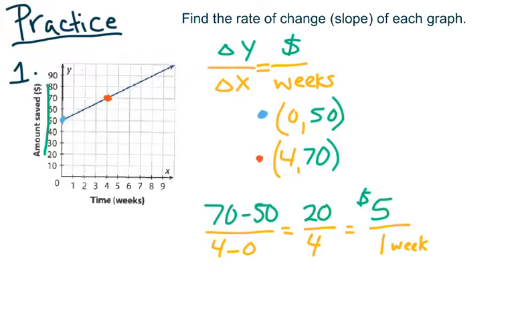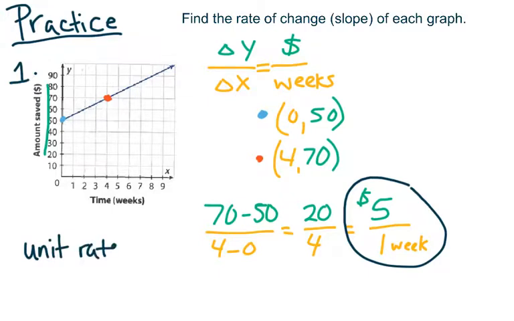So this is the unit rate for the first one, $5 per week. So the unit rate is 5, because 5 divided by 1 would be 5. So then the slope is also 5. And in this context, it means he saved $5 per 1 week.